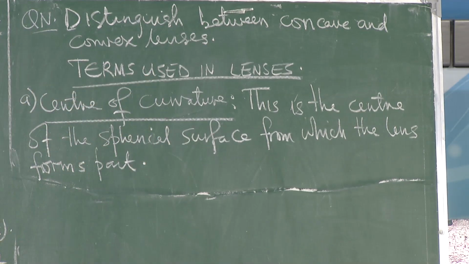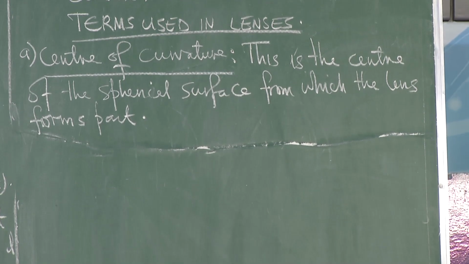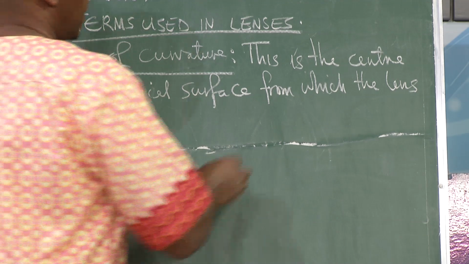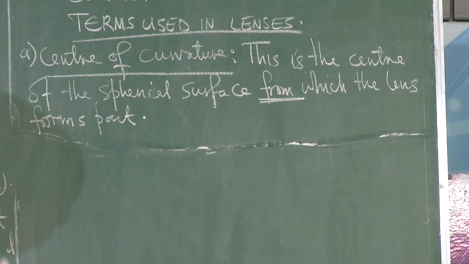The center of the spherical surface from which the lens forms part. Sometimes someone can say of which the lens forms part.